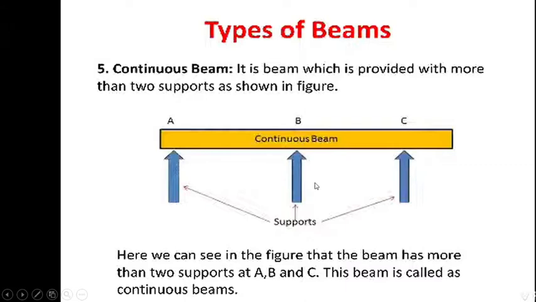The actual definition: it is a beam which is provided with more than two supports. Once again, a beam provided with more than two supports is called a continuous beam. You can see the diagram and be clear about it.